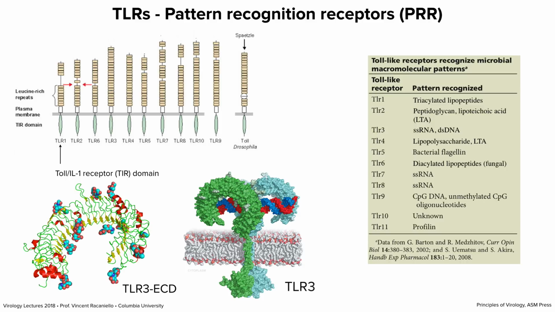TLR7 and 8, single-stranded RNA, TLR9, CpG DNA, that is C and G together, or unmethylated CpG oligonucleotides, and so forth. So this is the idea that these recognize molecular patterns in microbes that signal the cell that something foreign is present to initiate a response.